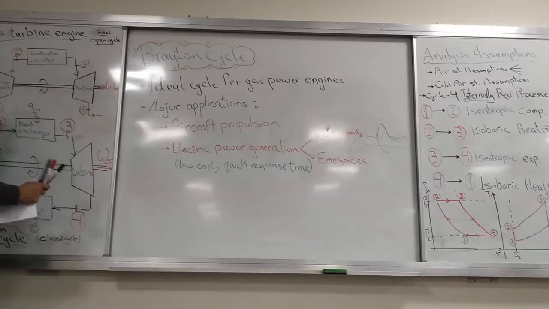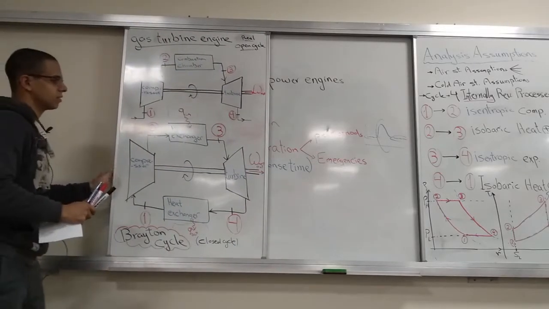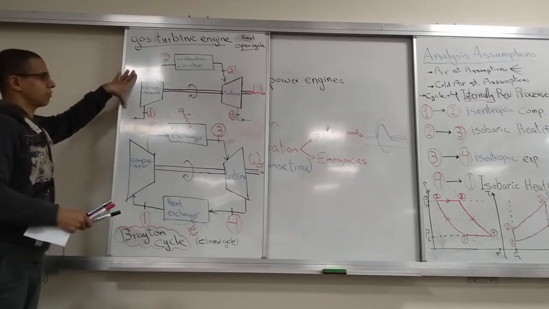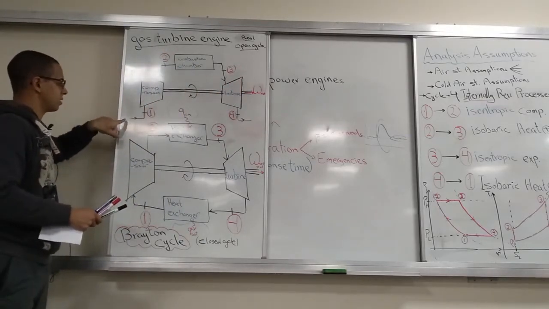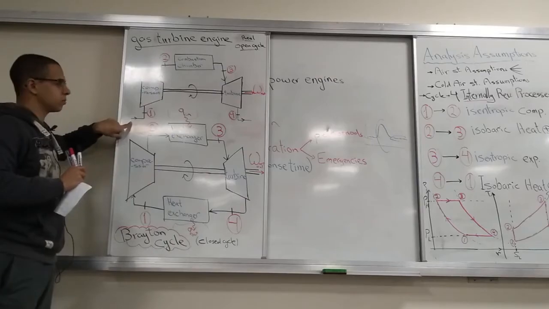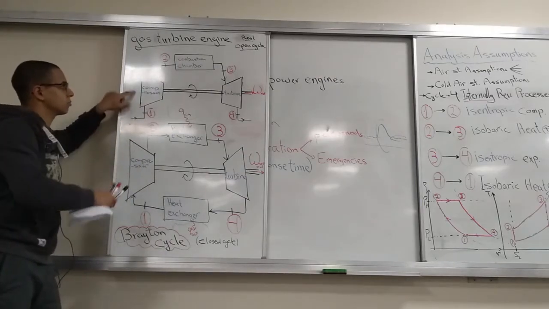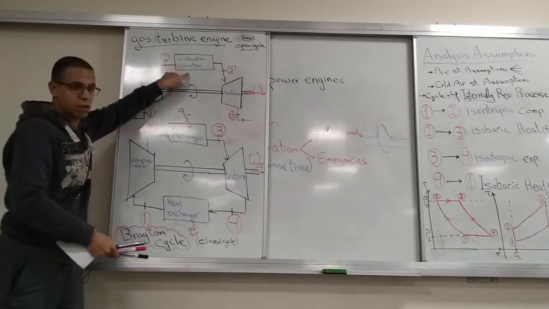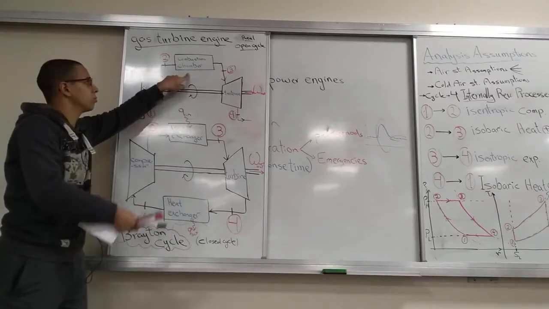First of all, we are going to be introduced to the gas turbine engine itself, the actual thing that we're going to simplify, and a simplified version of it. This is a single stage gas turbine engine. It takes fresh air from the atmosphere, gets it into a compressor, raises its pressure, then raises its temperature by mixing it with fuel and burning it.